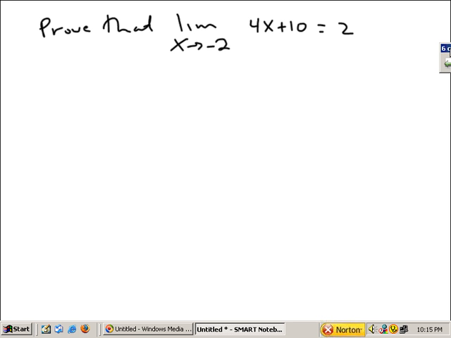Well, what we can do just to verify it, 4 times -2 is -8. You add 10, you really do get 2. But it asks you to prove it. Whenever they say prove that the limit of this function is equal to that number, they're talking about a delta epsilon proof.